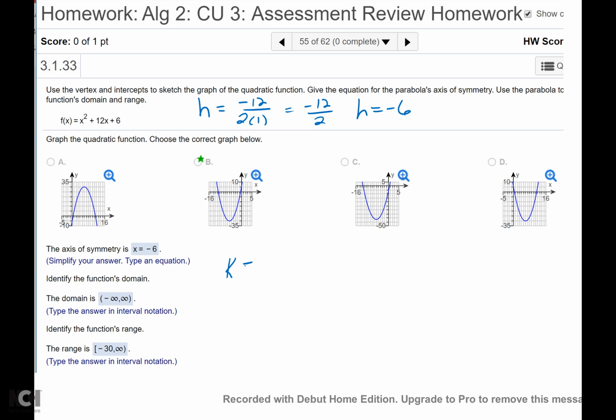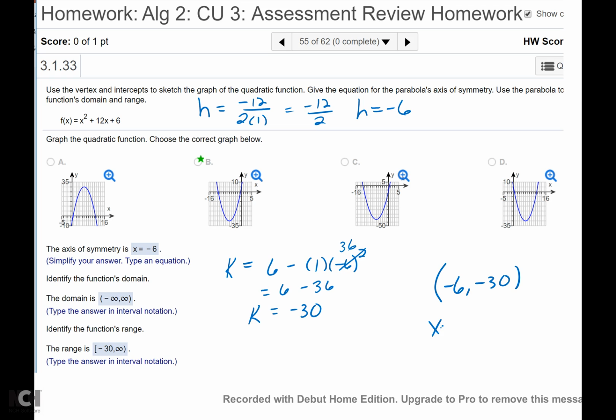My k is going to be my c minus my a times my h squared. That's going to be 36 times 1 is 36. 6 minus 36 is negative 30. So my vertex is going to be at (negative 6, negative 30).